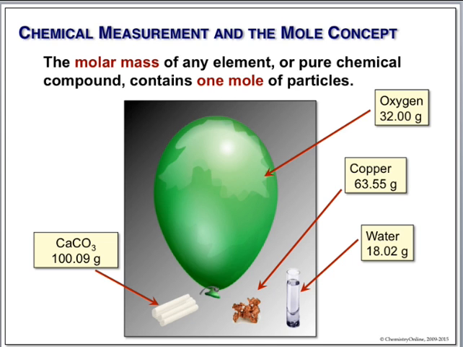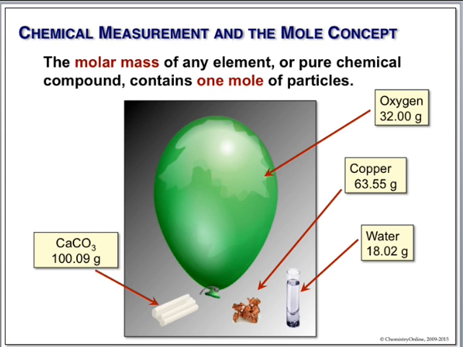100 grams of calcium carbonate. This is chalk. Again, that is 1 mole, 6.02 times 10 to the 23rd things. 18 grams of water. Again, that is 1 mole of water, H2O. Each of these samples contains 6.02 times 10 to the 23rd.